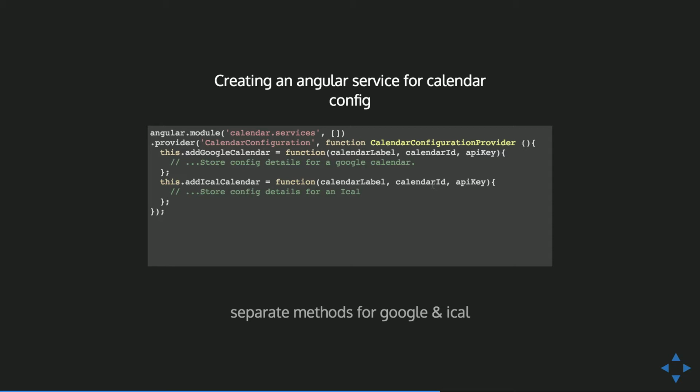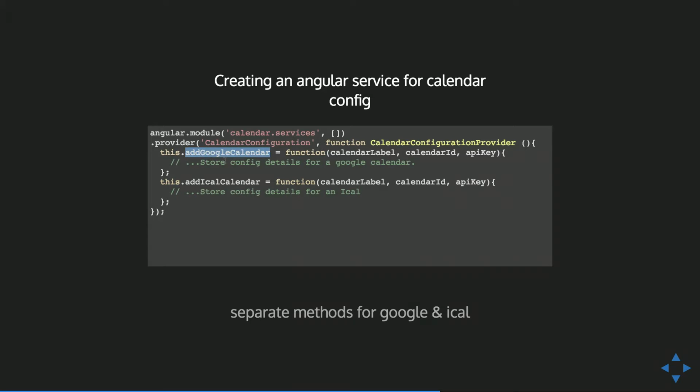is anyone familiar with Angular? This is actually Angular 1. If you've worked with Angular at all, this should probably look pretty familiar. Basically what I'm doing is setting up a provider that's going to take some configuration for my kiosk. One thing I want to note here is that I set separate config for Google calendars and for iCal calendars.